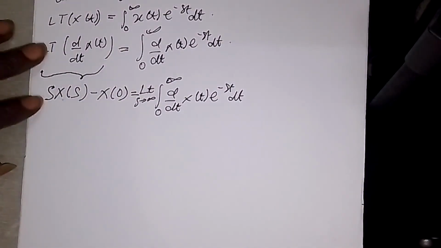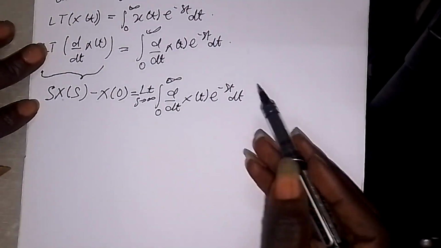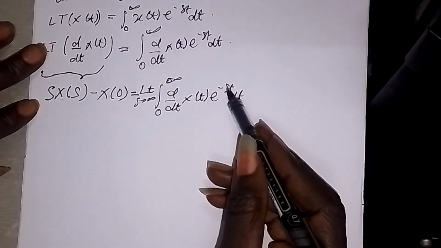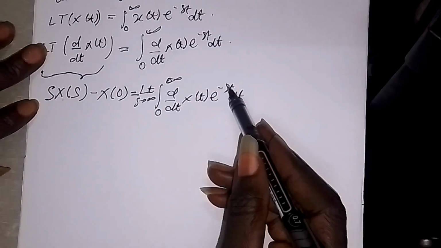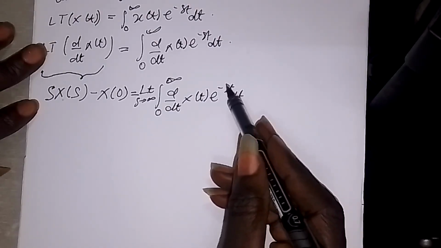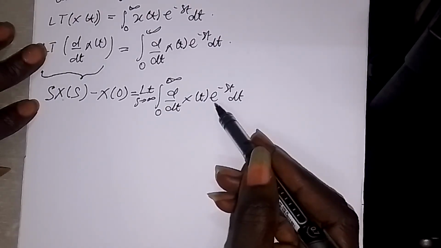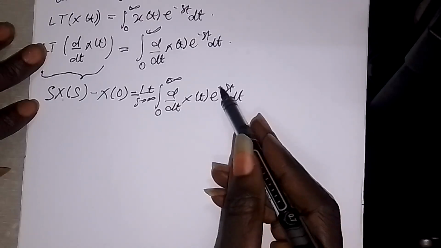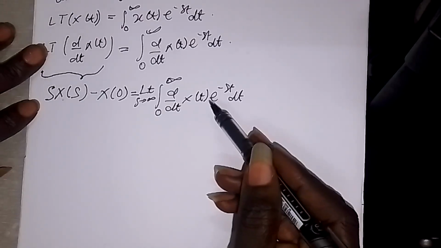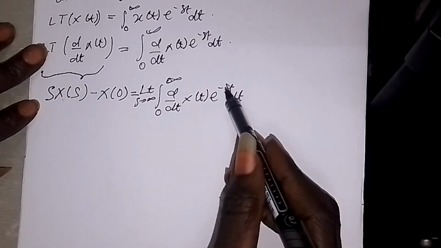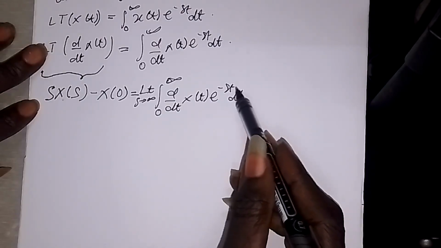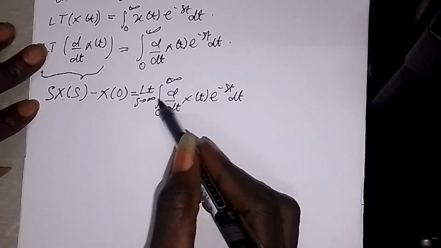So e exponent minus infinity here, s approaching infinity, is 0. So this whole thing will go to 0. If this place becomes 0, this whole equation becomes 0.